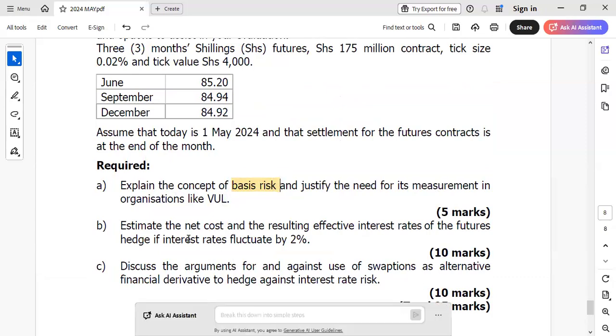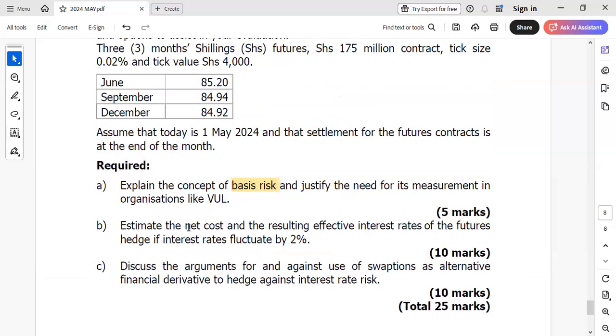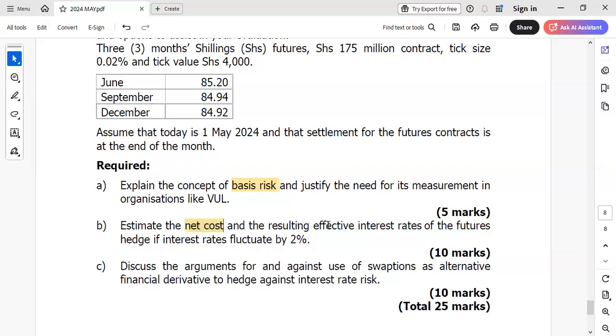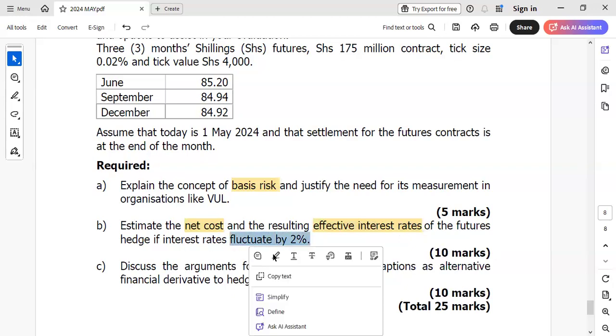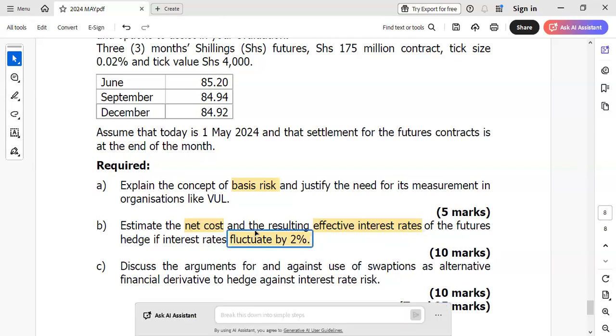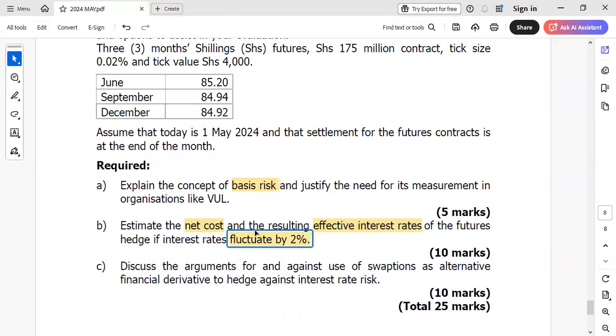Then part B, estimate the net cost and the resulting effective interest rates of the futures hedge if interest rates fluctuate by 2%. Now, colleagues, if they say that the interest rate fluctuates by 2%, always know that you don't know which kind of fluctuation.